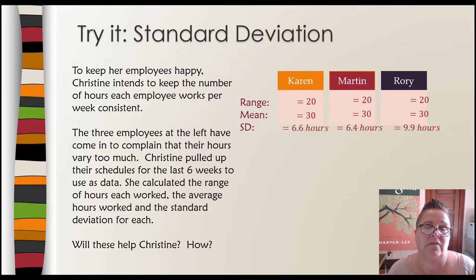Do any of these 3 workers have a less reliable schedule than the others? Not necessarily less reliable overall, but just in comparison to the others. Which one of these particular pieces of data, the range, the mean, or the standard deviation, is pointing that out to you, and how?